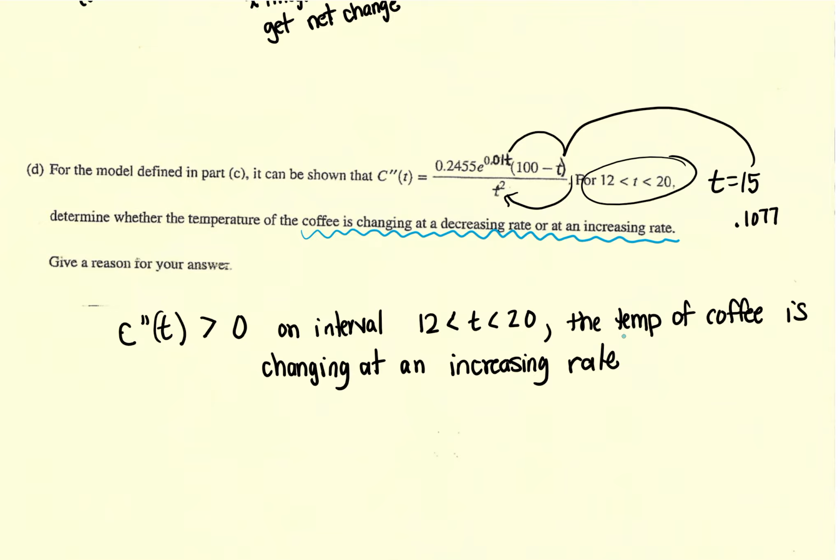I just kind of copied that over. The temperature of the coffee is changing at, in our case, an increasing rate because the second derivative was positive. If you were able to state that it's changing at an increasing rate and justify it by showing that the second derivative is positive, give yourself the last of those 9 points.